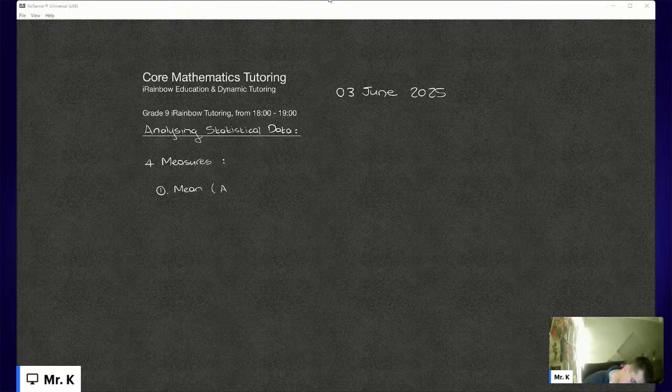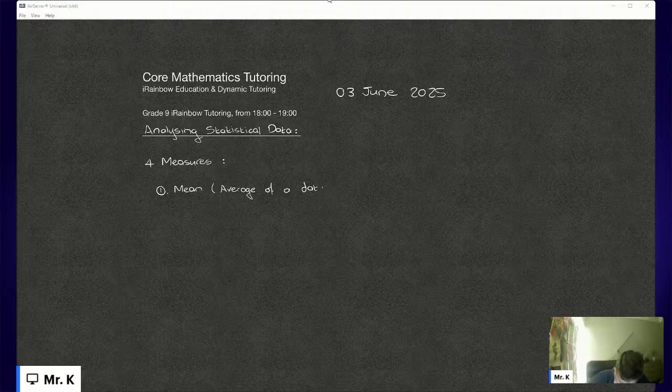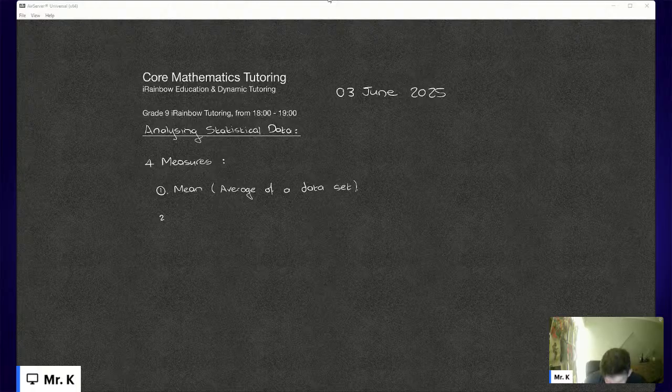This is the average of a data set. And yes, you guys need to know the definitions, but also the names of these different measures. So the average of a data set. Right, this is quite easy work, guys, so I'm only going to go through it in today's lesson.